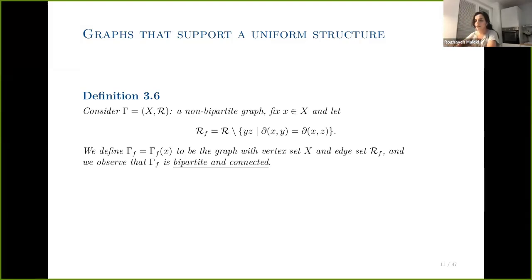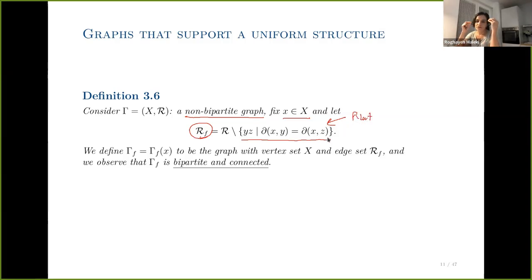Okay, now I would like to extend this notion of uniform structure to non-bipartite graphs. So we consider a non-bipartite graph gamma and fix a vertex x, and we define R_f to be the set of all edges of the graph that we remove, the so-called flat edges.